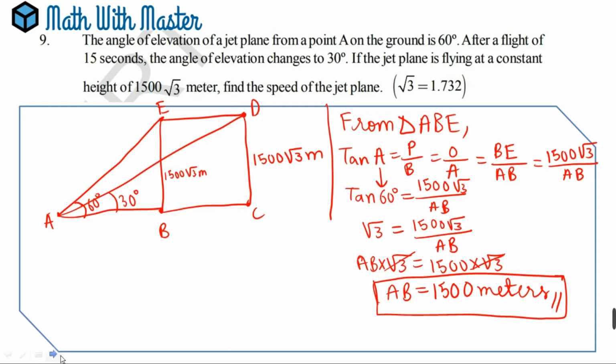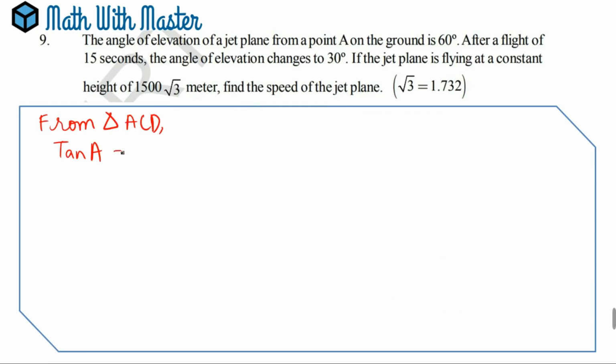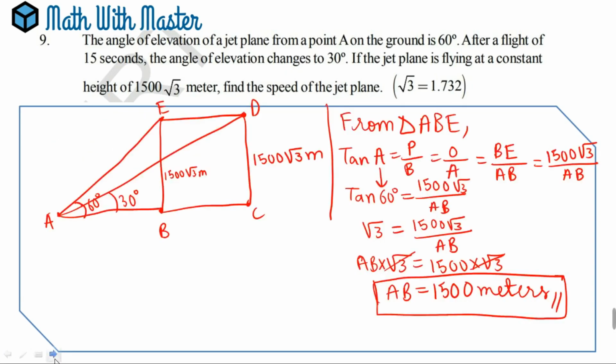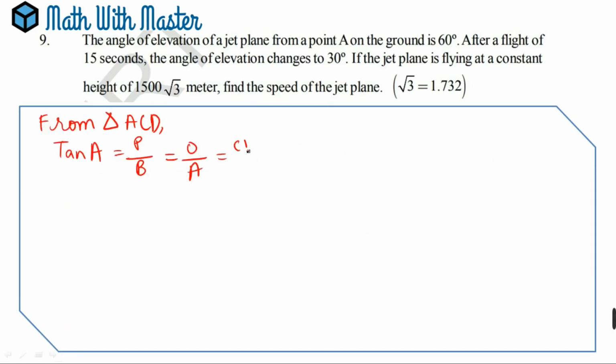So our tan A here is perpendicular upon base, which is also opposite upon adjacent, which is equal to CD upon AC.